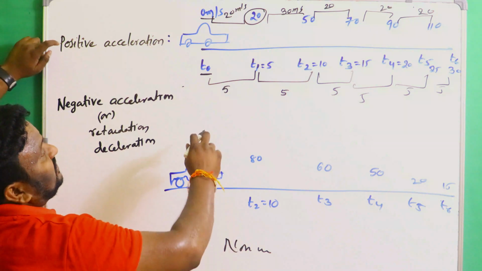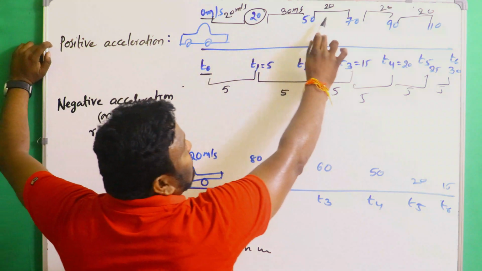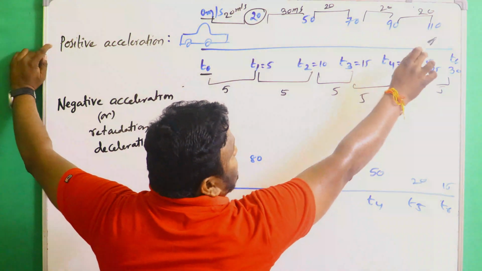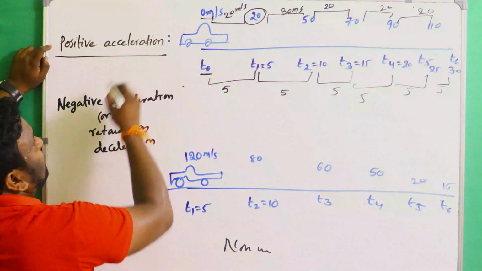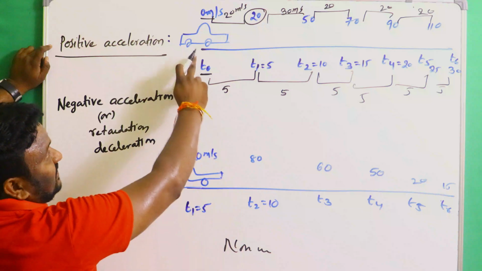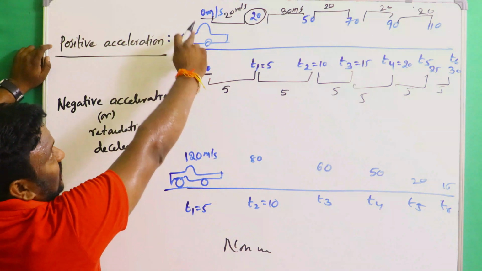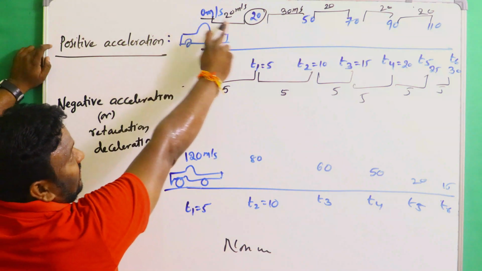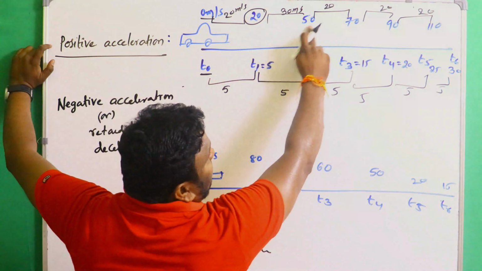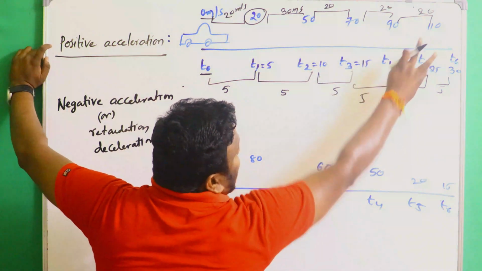Dear students, you can observe here, at every time the change in velocity is positive, that's why it has positive acceleration. The car speed is increased. Initially how much is it? 0 meter per second, next 20 meter per second, next 50, next 70, next 90, next 100, like that, 110.